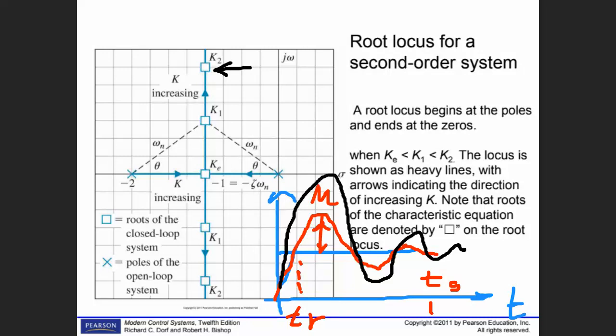Since zeta here is near to zeta, cosine theta, or cosine beta, is equal to zeta, so zeta here is very close to 0. For that case, this is probably 1, 2, 3, 1, 2, 3, 4. Yeah.